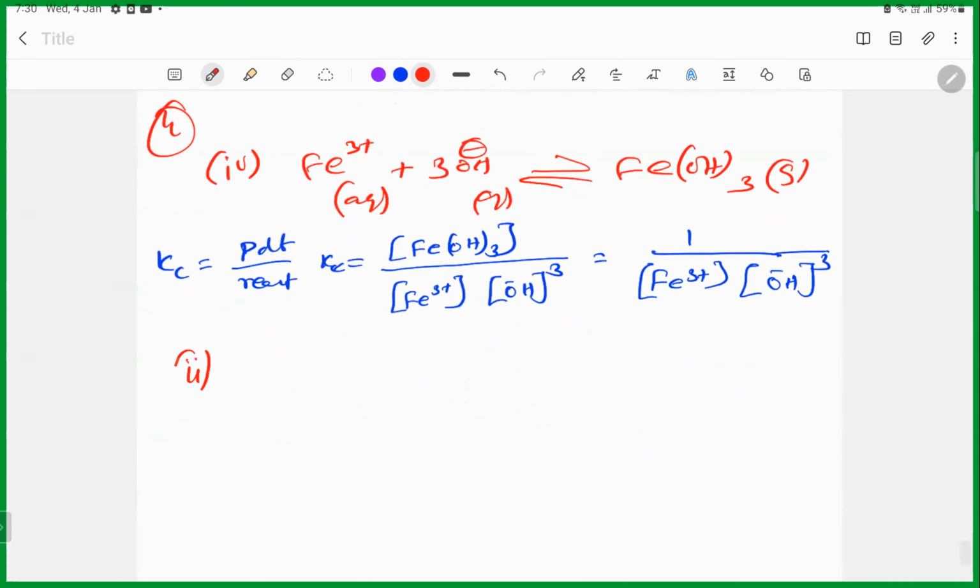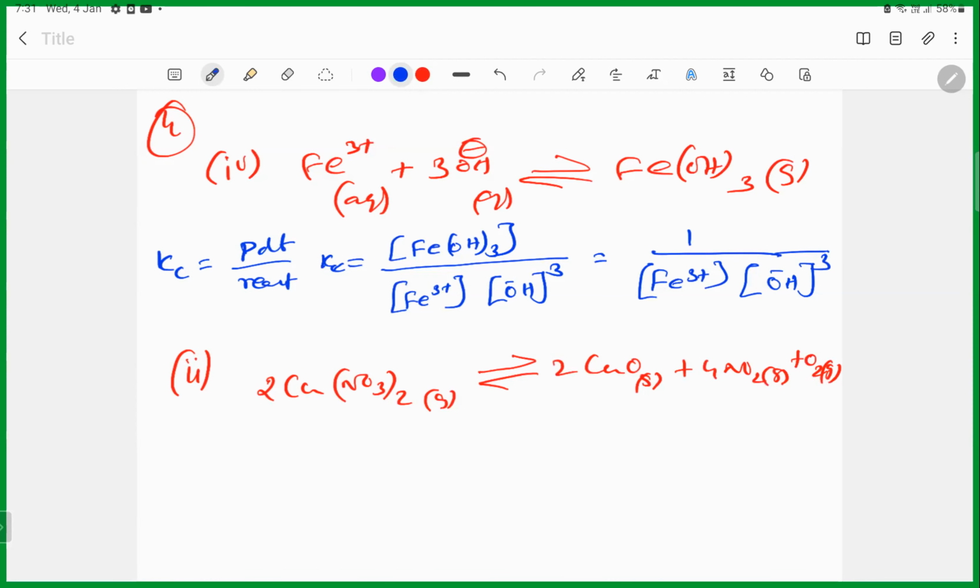Equation 2. What is the equation? 2 copper nitrate solid gives 2 copper oxide solid and 4 NO2 gas plus O2 gas. When it is in solid form, we consider the concentration as unity.